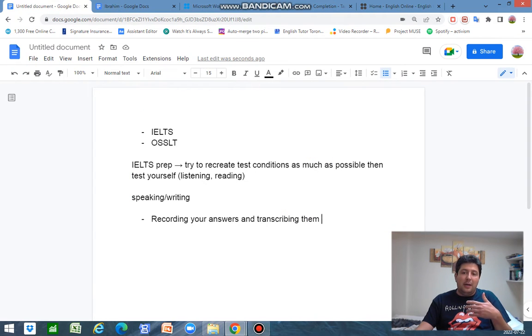I recommend getting somebody at least once or twice who's familiar with the system or who knows how to grade properly according to this rubric.